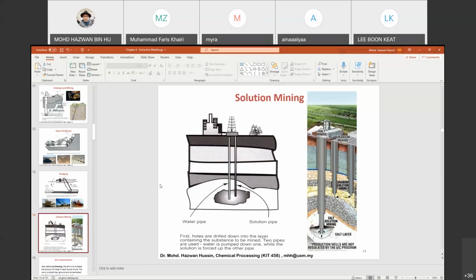First, a hole is drilled down into the layer containing the substance to be mined. Two pipes are used. Water is pumped down one, while the solution is forced up the other pipe. So you have one pipe, and the other is like a straw to suck up the solution after the mining.